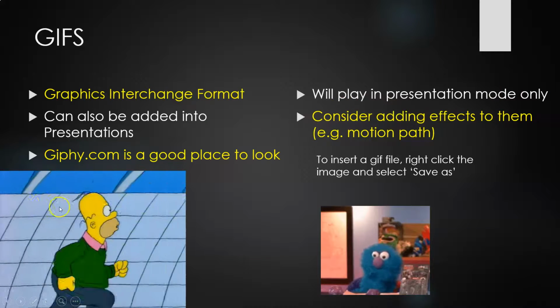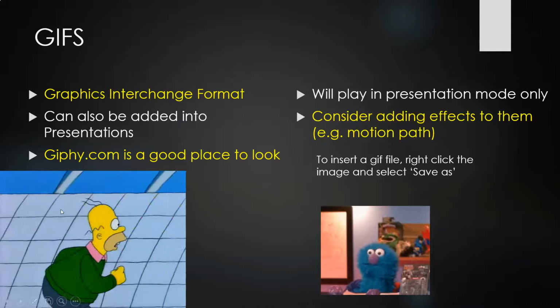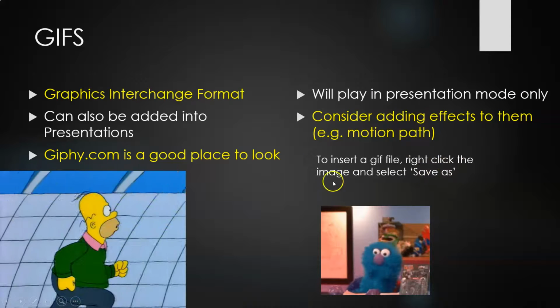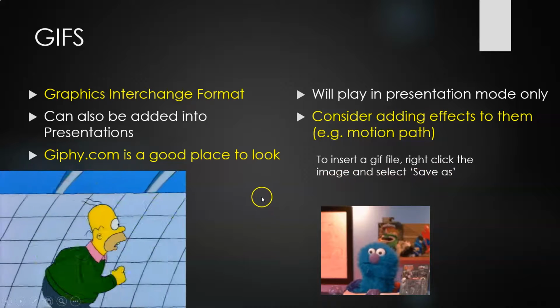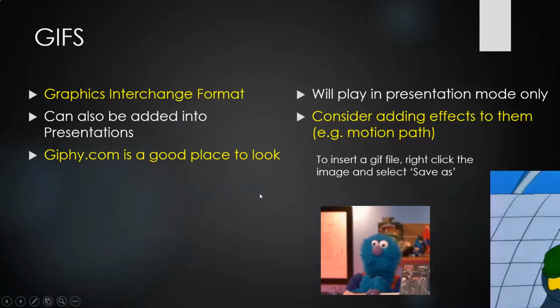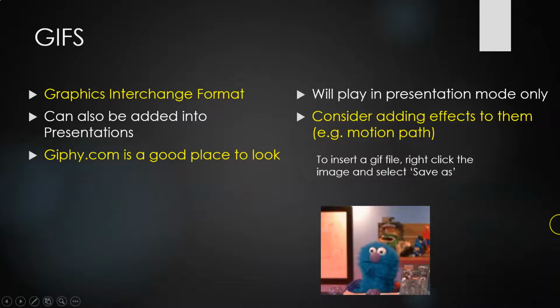The animations will only show when you're in presentation mode. So yeah, you need to right click an image and select Save As, put them on your computer, and then you can insert them into your presentation from there. That was another motion path where the picture moved off to the side.